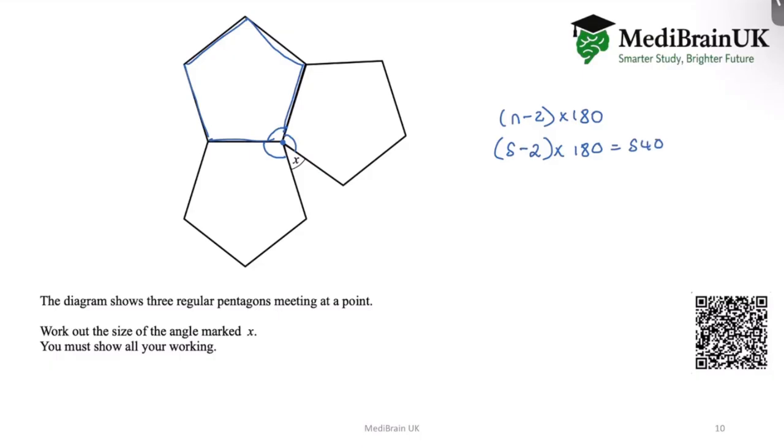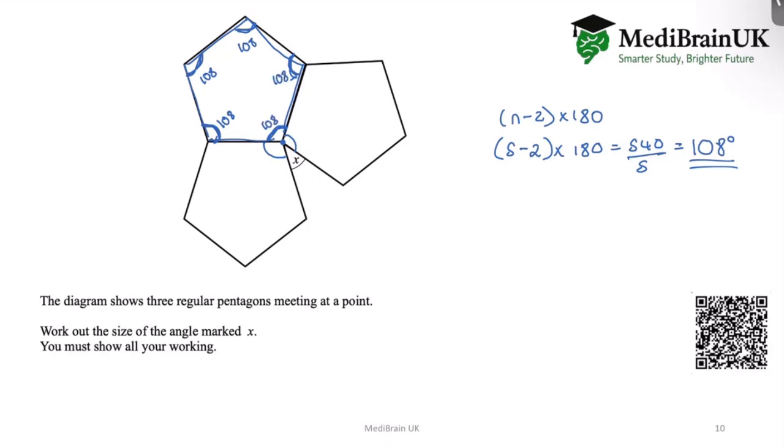To work out each individual angle in a pentagon, you're going to divide it by the number of angles that there are. So there are 5 angles, so you're going to divide it by 5, and that's going to get you the size of each individual angle. If you divide it by 5, that's going to get you an answer of 108 degrees. So each angle is 108 degrees.